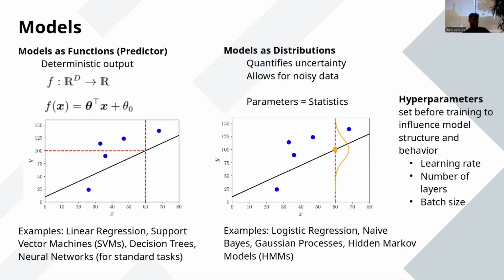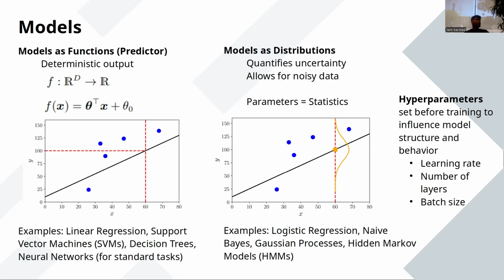To start off, the chapter began with defining what a model is, and the authors lumped this into two main categories. One being a model that is a predictor of a particular value, and they called it a predictor.